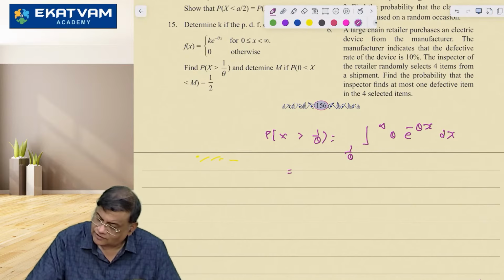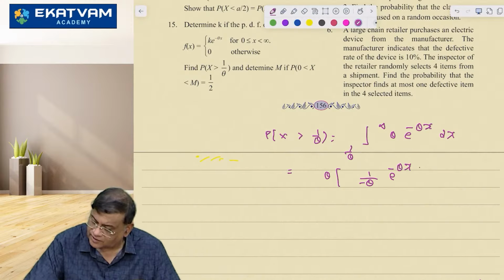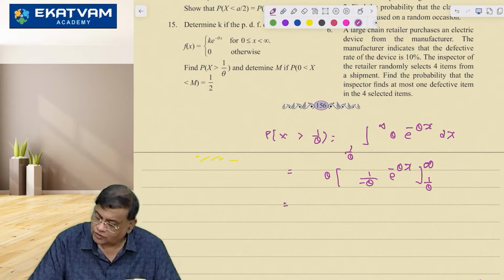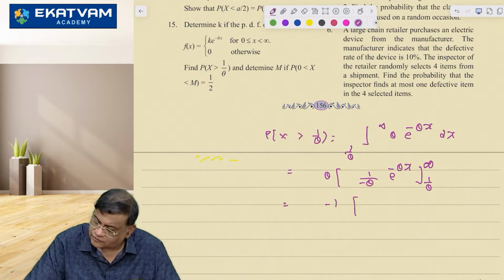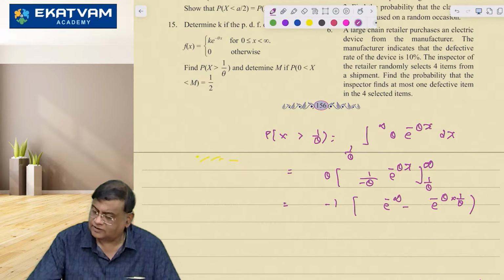So this is equal to theta kept as it is. Its integration will be 1 upon minus theta into e raised to minus theta x going from 1 upon theta to infinity. Check. So theta theta cancels, minus 1 into e raised to minus infinity minus e raised to minus theta into 1 upon theta. Correct?